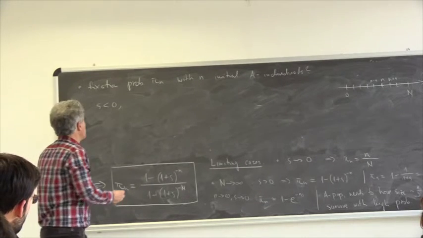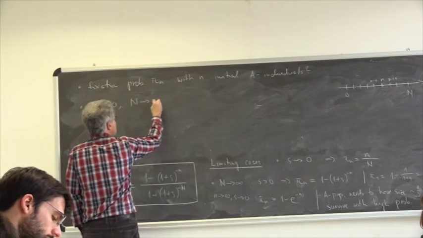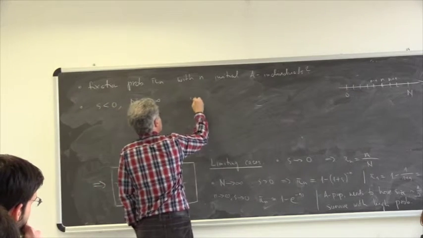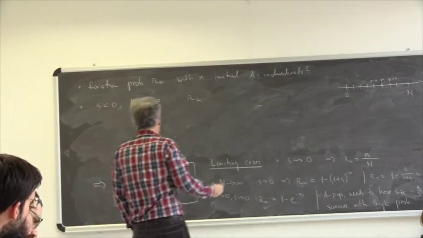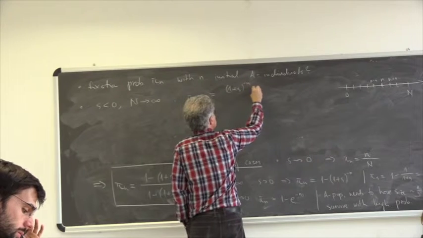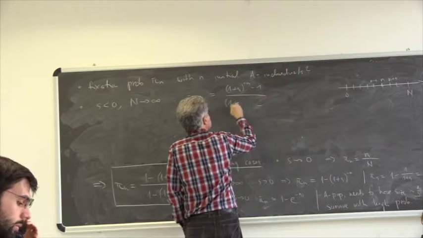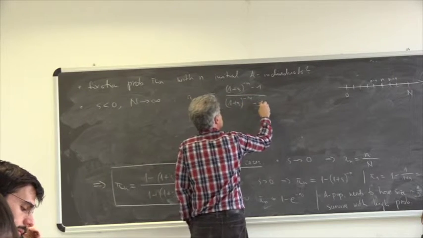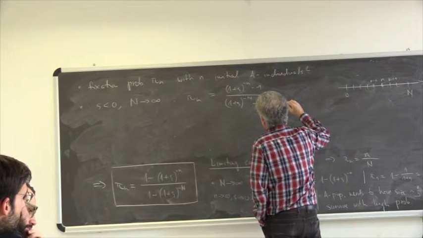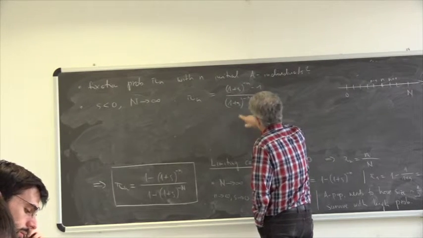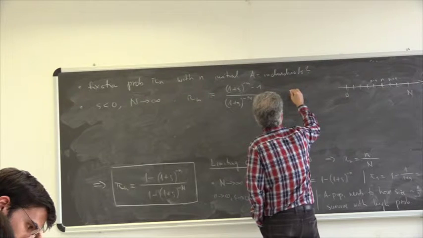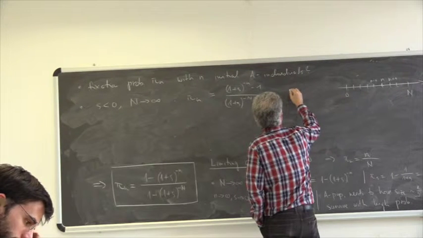So when s is negative, and you take n to infinity, then you see that this term will become very large. Of course, when s is negative, these terms are greater than 1, so basically you have to write it in this form. And when capital N becomes very large, this is now a term that becomes very large, so this will go to 0 exponentially.